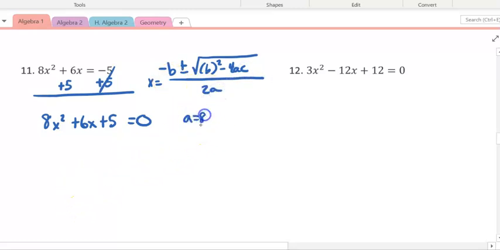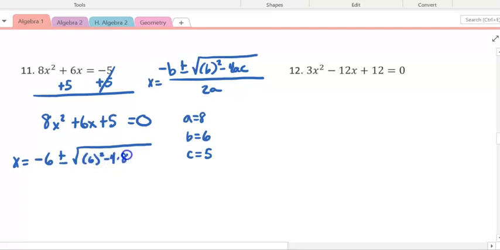So A is 8, B is 6, C is 5. All right, so we have negative B plus minus the square root of B squared minus 4 times A times C, all over 2 times A.